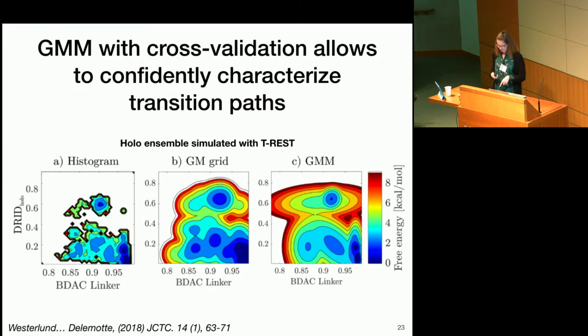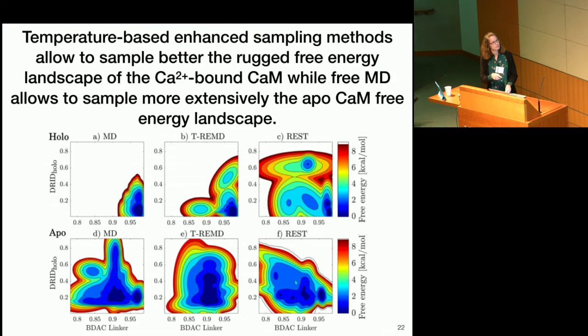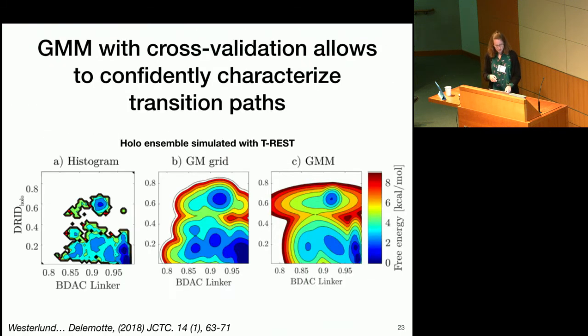And to finish, I just want to highlight again the effect of this estimator of the free energy on these two-dimensional free energy landscapes. So this is the holo ensemble simulated with temperature replica exchange solute tempering. It's basically this plot here, but it's a comparison between the GMM, the GM grid, both with cross-validation, and basic histogramming.